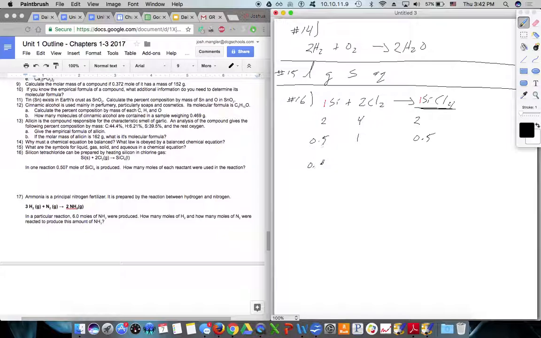So we're looking at the silicon tetrachloride here. We have 0.507 moles of the silicon tetrachloride. And it's simple enough to do some math in your head and figure out what it should be. Looks like it's going to be just over 1. But this is how we show the math. Using dimensional analysis, moles of silicon tetrachloride, moles of silicon, there's 1 to 1. It's going to be the same. And then we can go on to the next one, the chlorine.